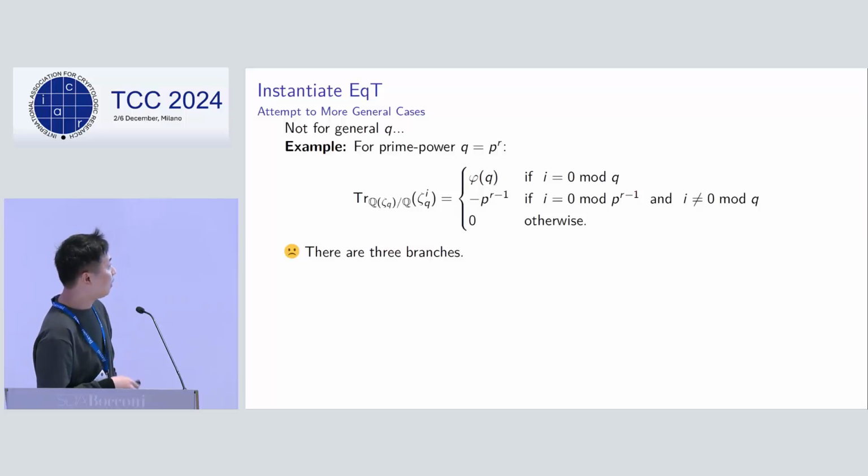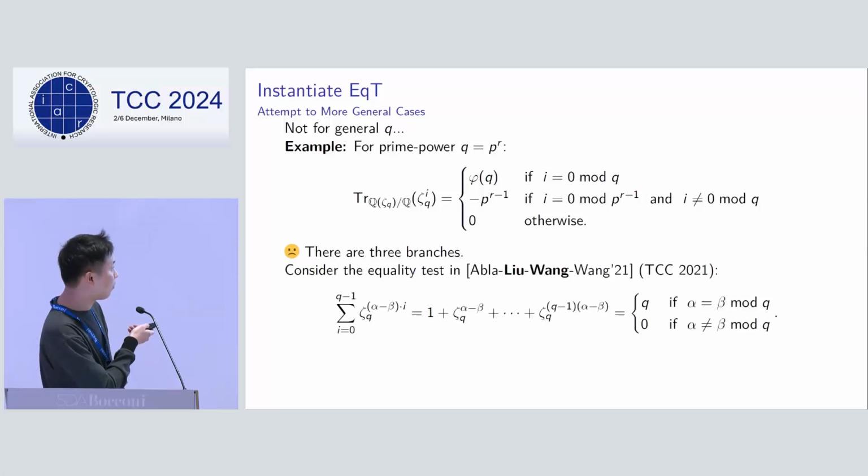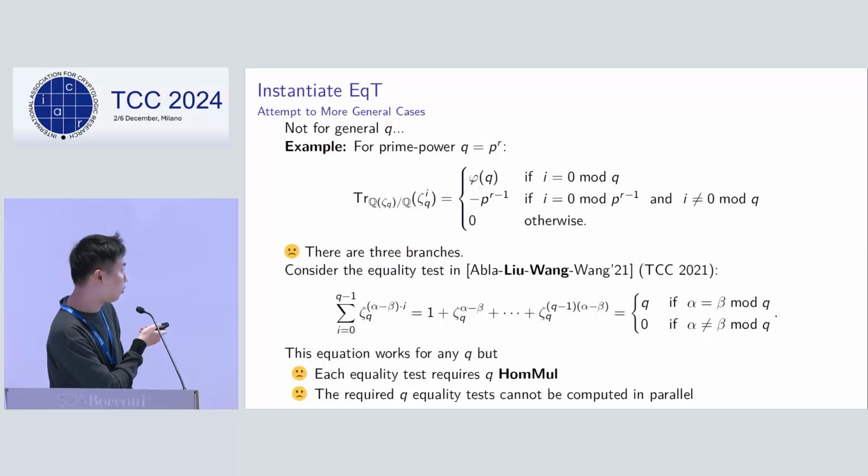But we may consider another equality test proposed in TCC 2021, that is the sum of all possible powers. This equation works for any Q, but the problem is that each equality test requires Q multiplications, and we cannot do all of them in parallel.